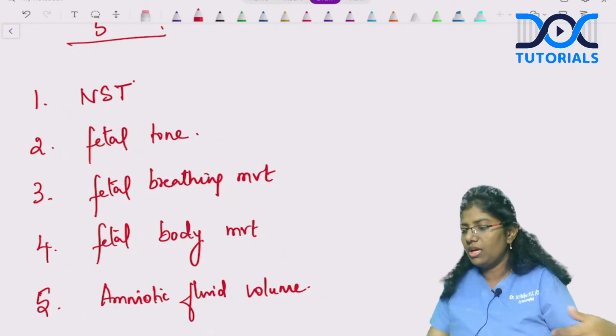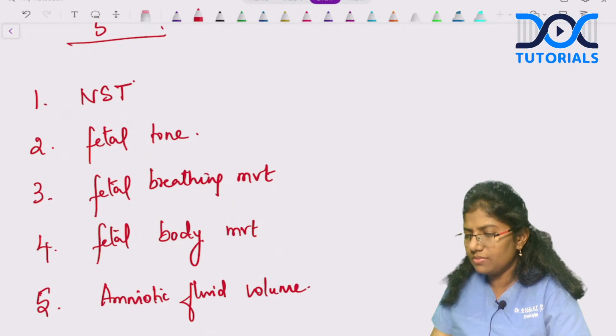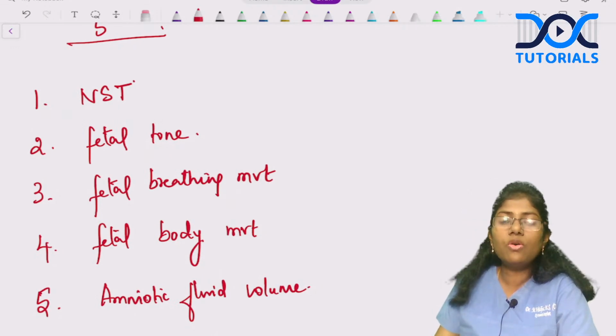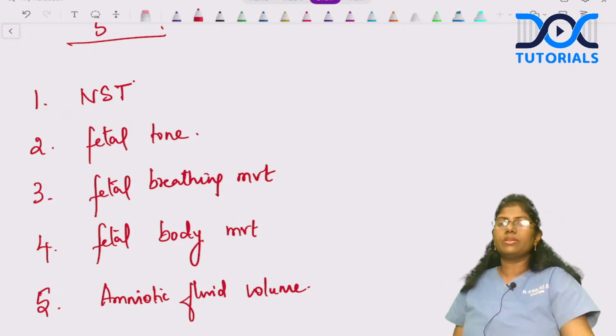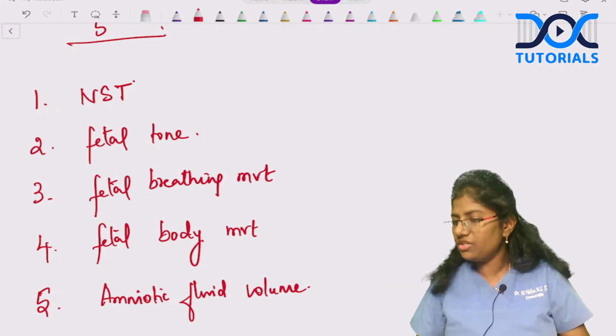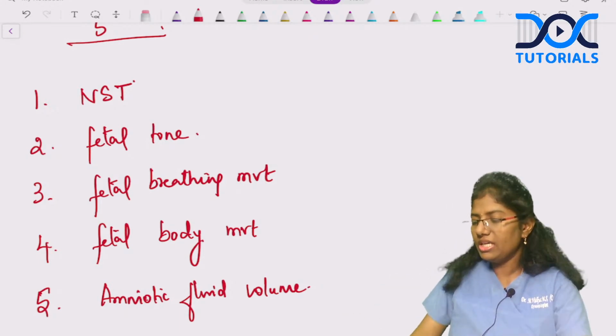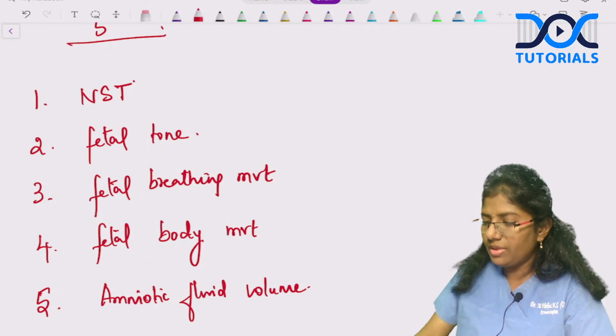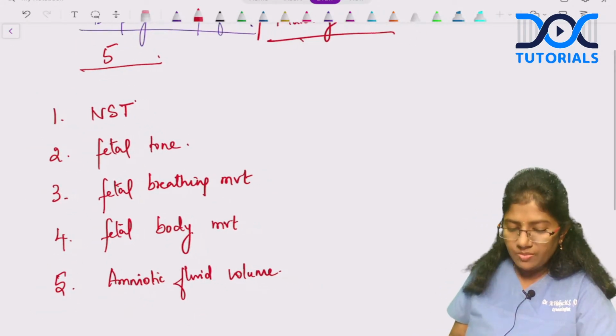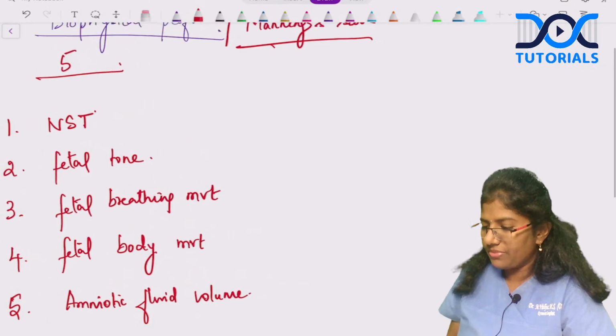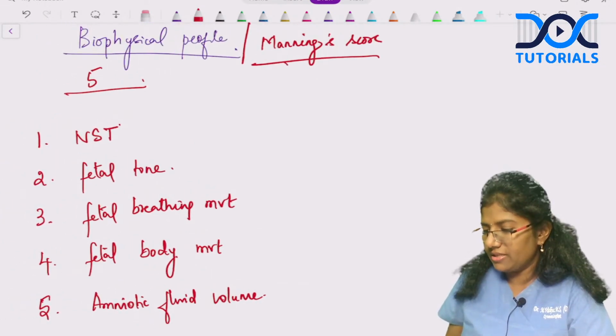Now tell me, what is the maximum score given to each of these parameters? Anybody? Yes, Garima is correct.